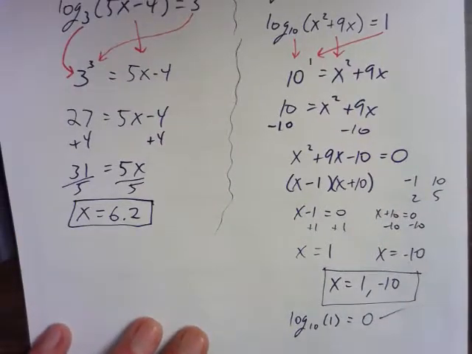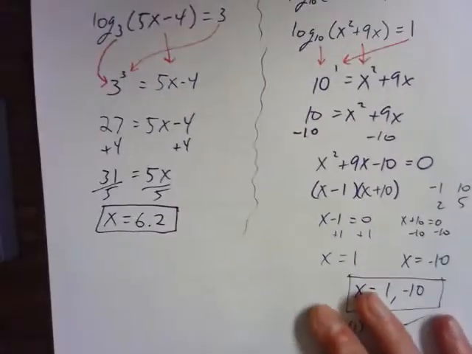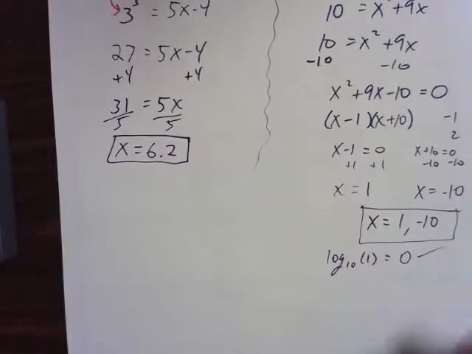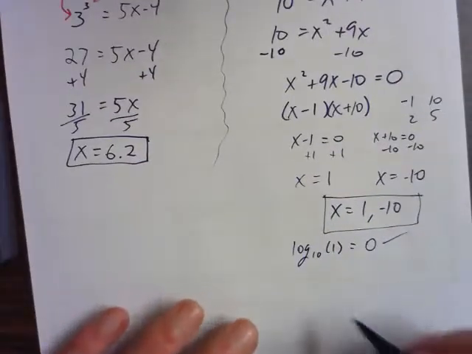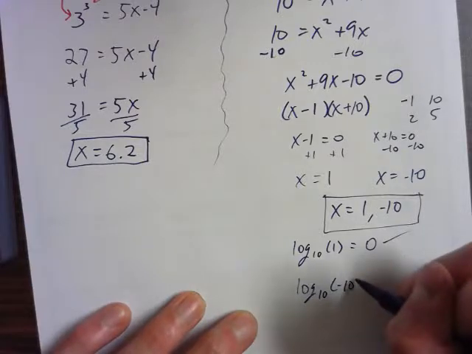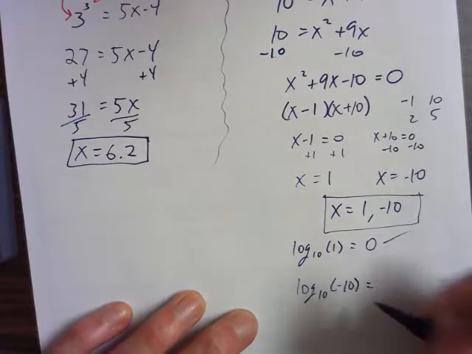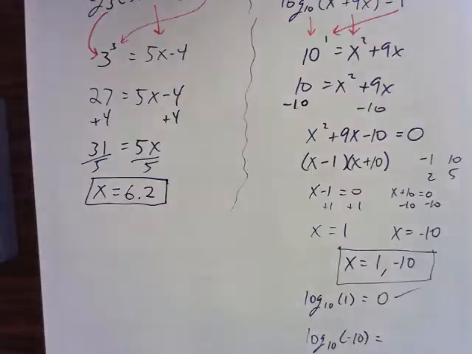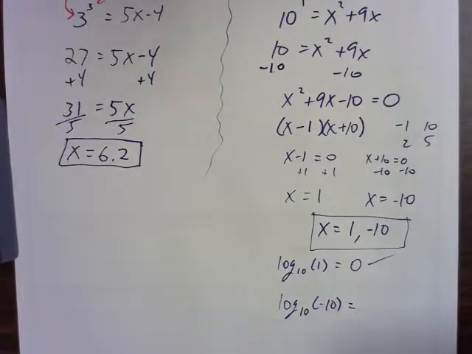But then I see my -10, and if I plug in my -10, I'm going to have log base 10 of -10. And what does that equal? 10 to the what power gives me -10? Well, if we think about it, there really is no exponent I can raise a number to give me a negative value.